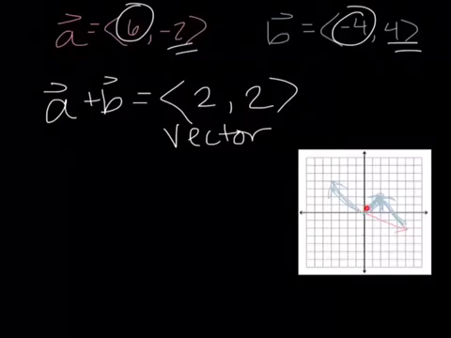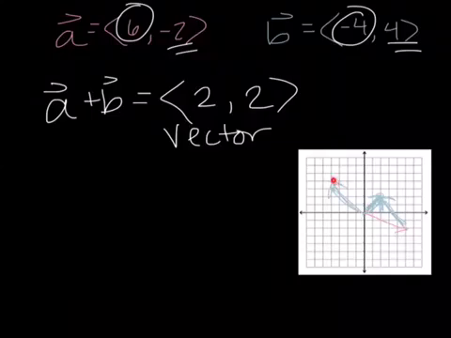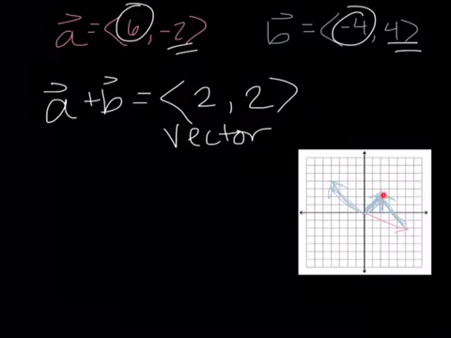And you could do it the other way. You could start where B ends and follow the directions for A. So if we start here at negative 4, 4, and we go positive 6 in the horizontal direction for A, and then down 2 in the vertical direction, then we would end up in that same place as well.